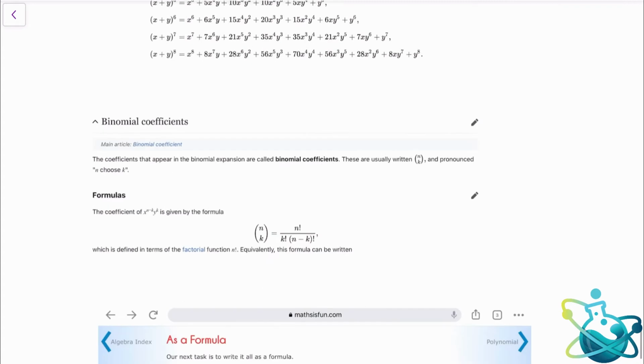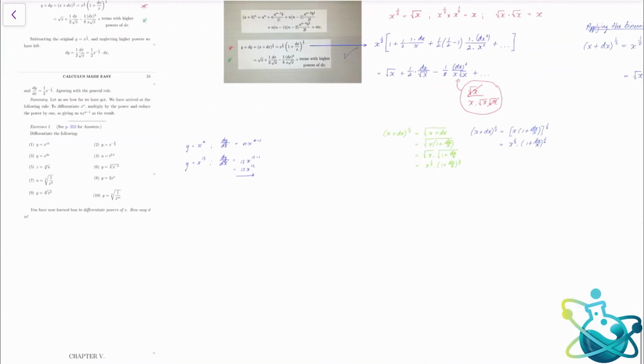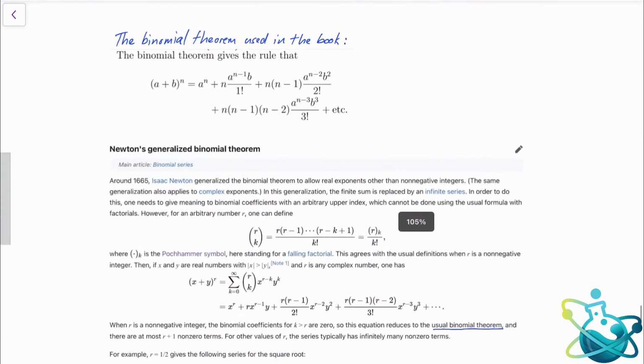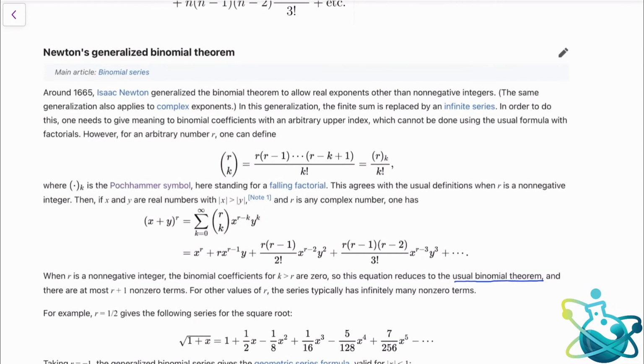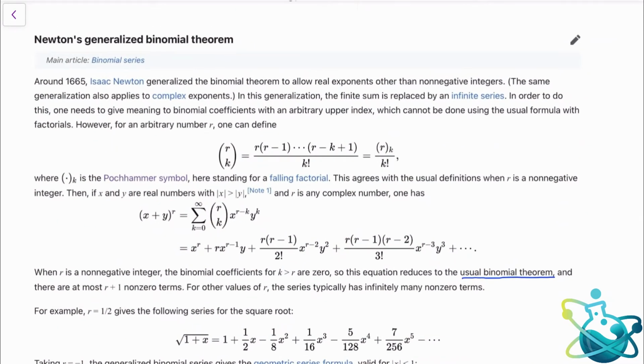Okay. And then if you go down a little bit further, the one in the book is this one, the so-called general binomial theorem. Isaac Newton generalized the binomial theorem and included all the other values of n.